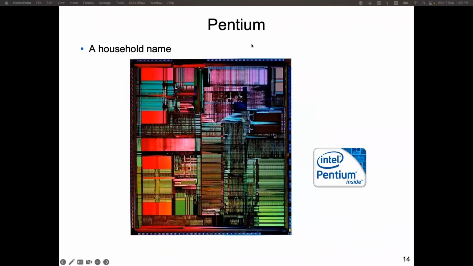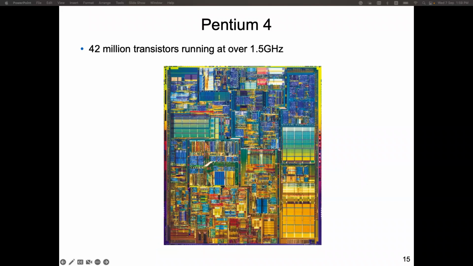The next one, Pentium, a household name. Many more transistors are integrated on the chip than the previous one. Pentium is Intel's product, a household name, and Pentium 1, 2, 3, all the way to Pentium 4. Pentium 4 contains 42 million transistors running at a clock rate of 1.5 gigahertz. But it's still a single core processor.